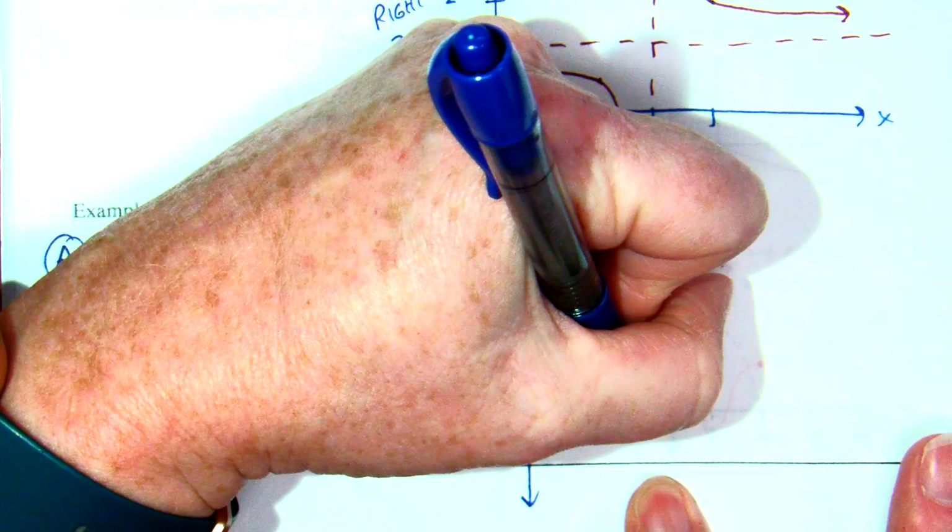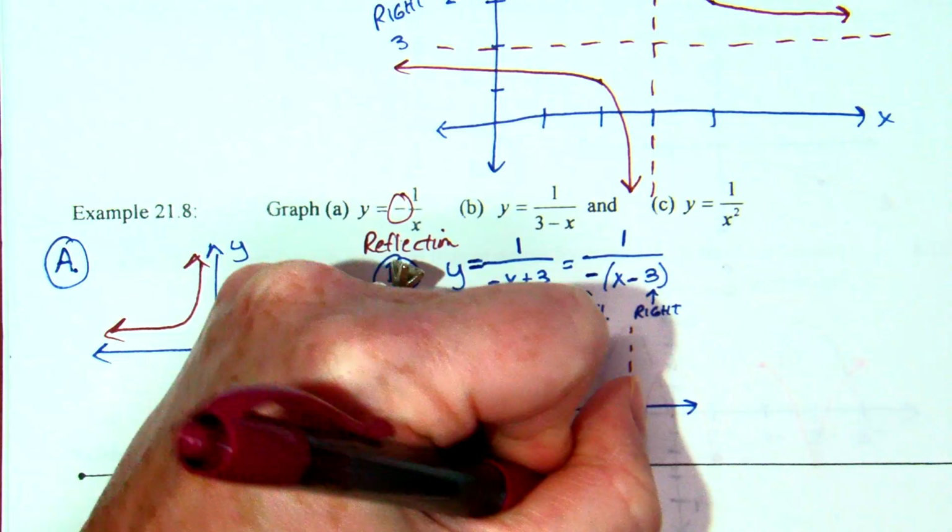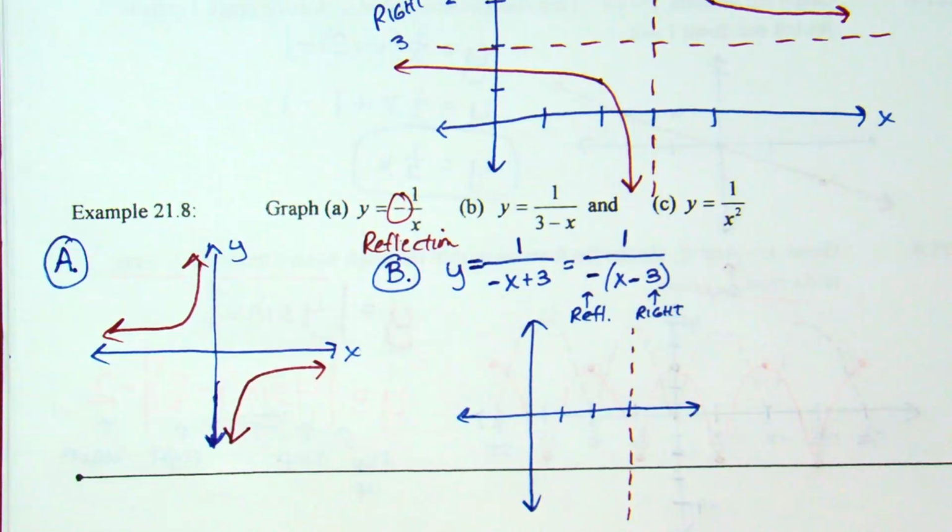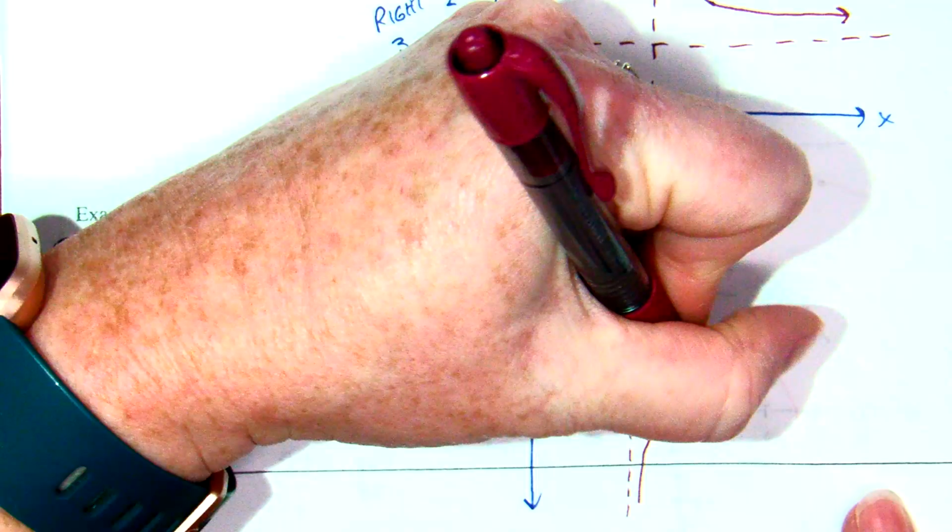Yeah, instead of the idea of quadrants 1 and 3, it's the idea of quadrants 2 and 4. So it looks something like that. I'll be honest, when you get that translation and that reflection in there, you have to be very careful. I tend to goof those up if I'm not careful.